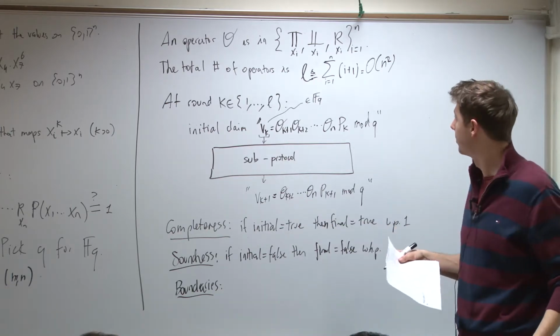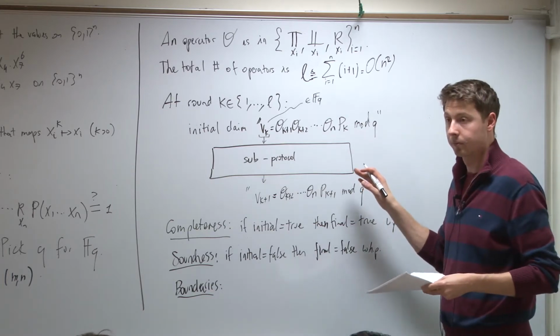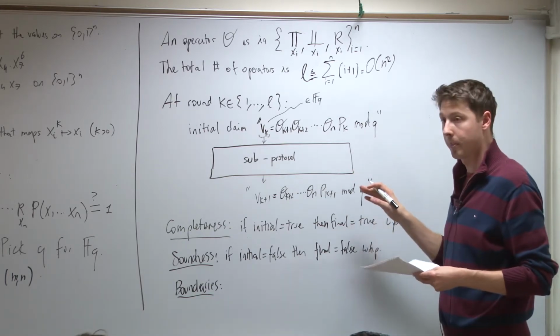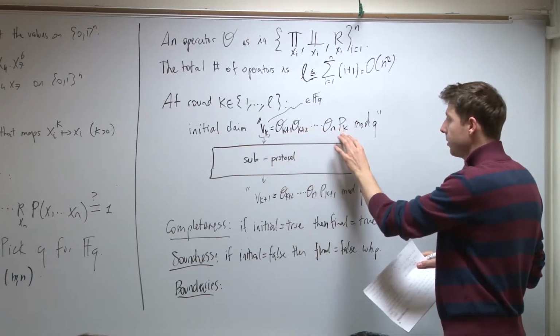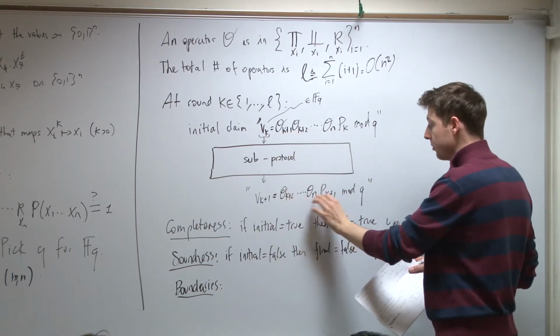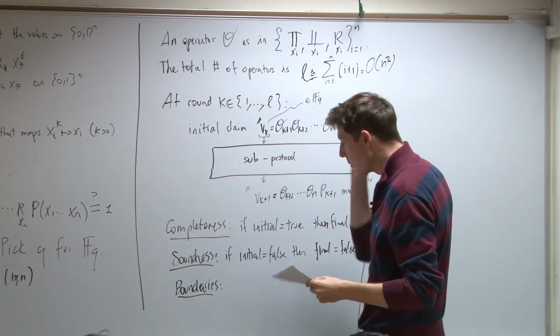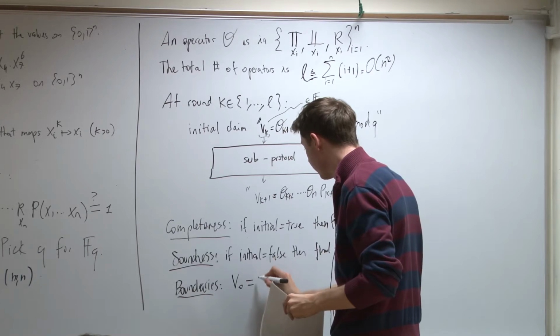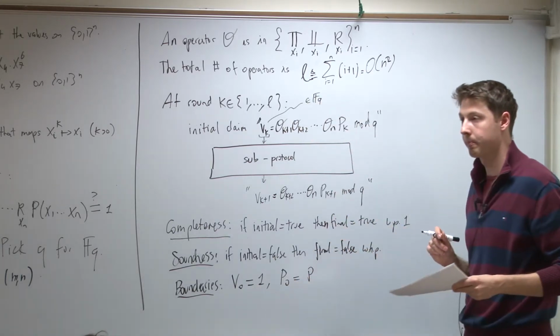And what is pk and pk plus 1? Some polynomial. Here we are applying these operators to this polynomial, and here we're applying these operators to this possibly different polynomial. At the very beginning, now we're going to start out with v0 to be 1, and p0 is going to be p. Okay?